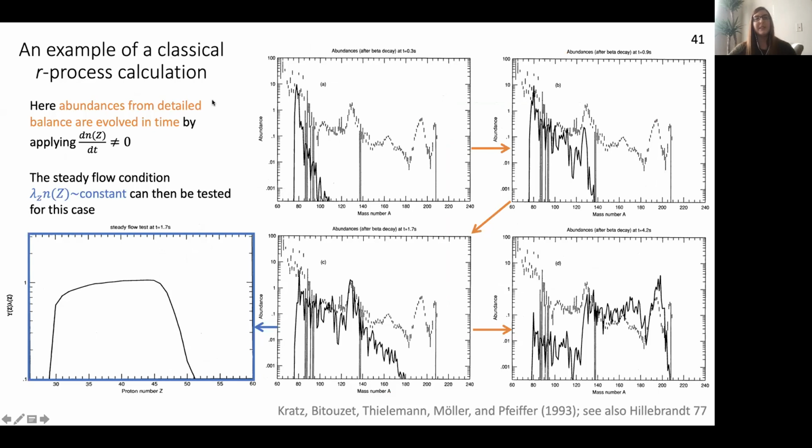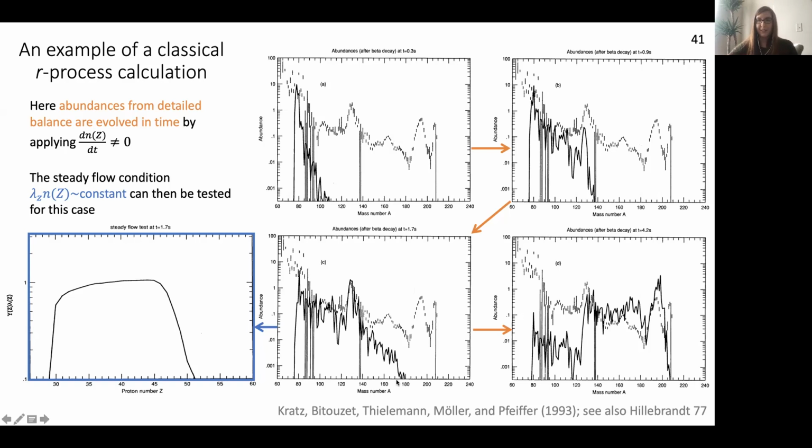Okay, so this is just showing now an example of what happens when you remove that steady beta flow condition and actually do a time evolution depending on that equation that I showed earlier. So this is an earlier time going to a little bit later, and then an intermediate time, and then towards the end when you've filled in all of your main r-process.